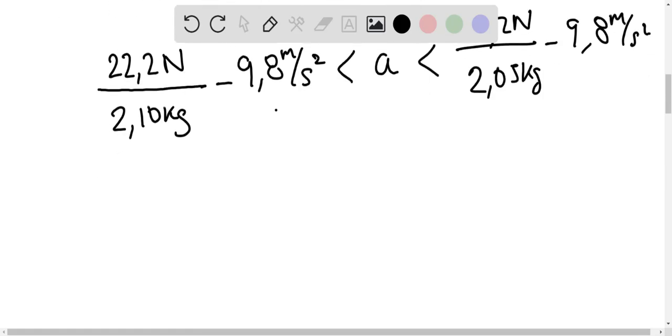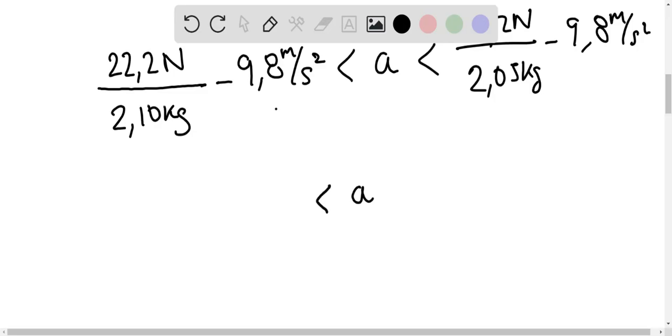So putting all of these values into the calculator, we obtain that the value of the acceleration is between 0.8 meters per second squared and 1 meter per second squared.